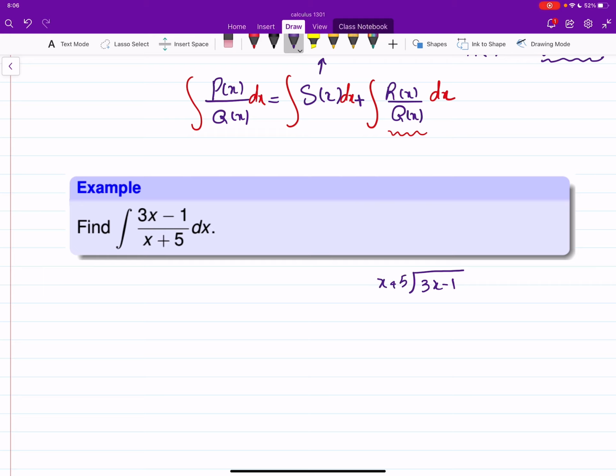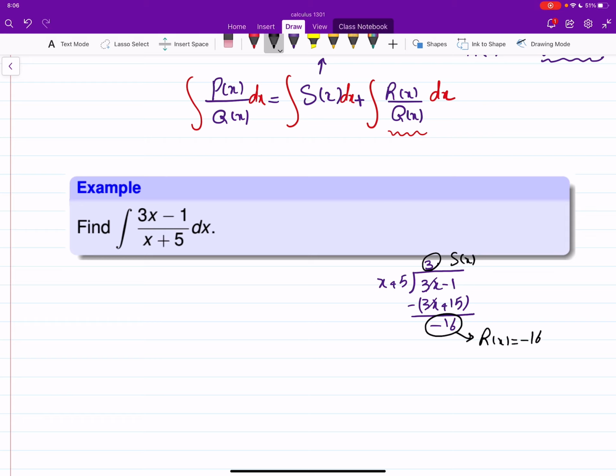Then 3 times that is 3x plus 15, and then minus, you cancel that, and here you get negative 16. In this question, the remainder is this guy here, R(x). It doesn't have any x, it's just a constant polynomial, which is good, and this is S(x).